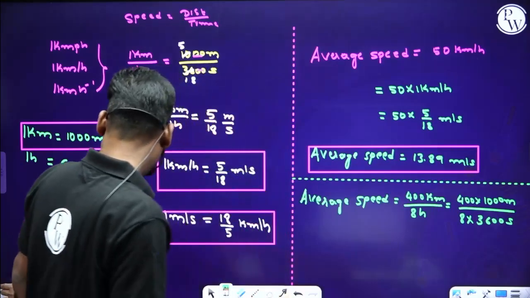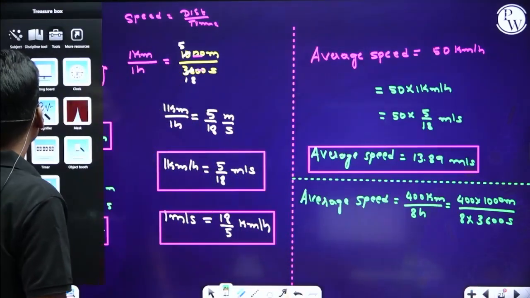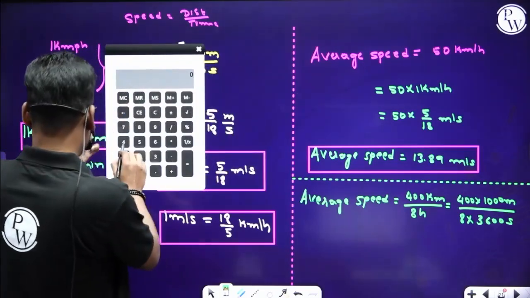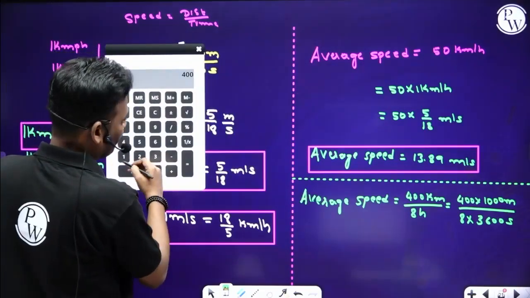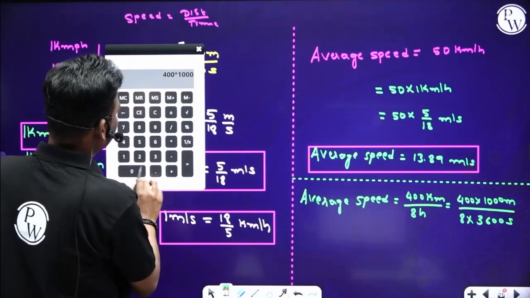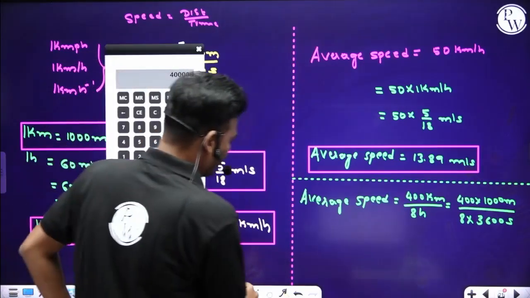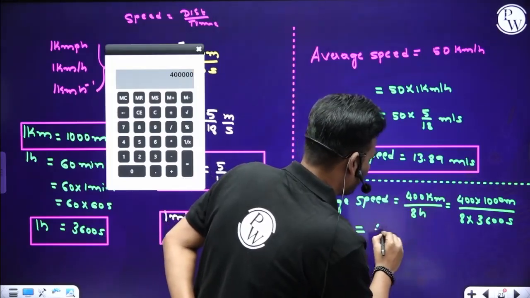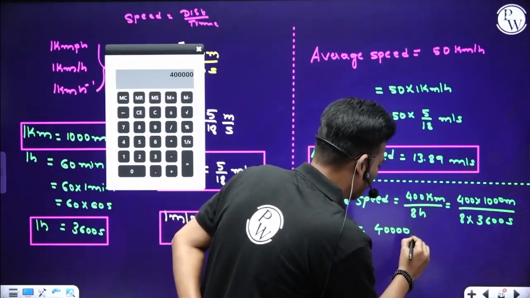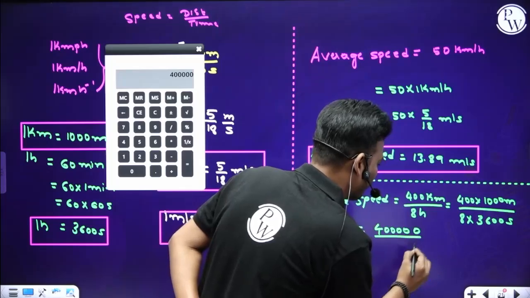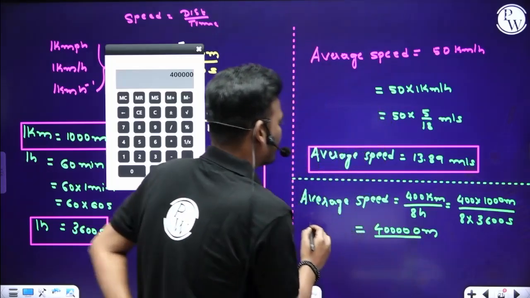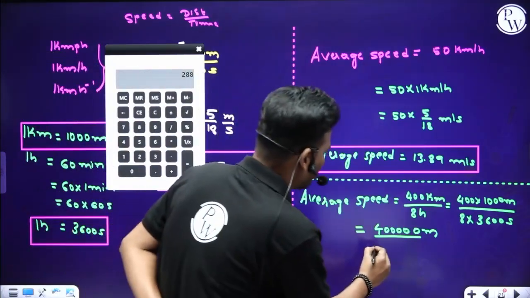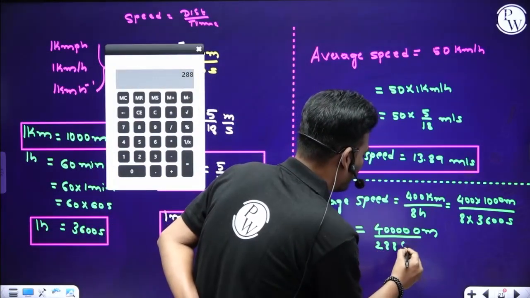Use the calculator. 400 into 1000 is 4 followed by 5 zeros, in meters, divided by 8 into 36, which is 288 followed by 2 zeros, in seconds.